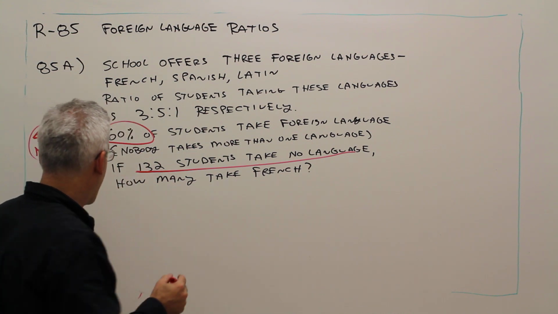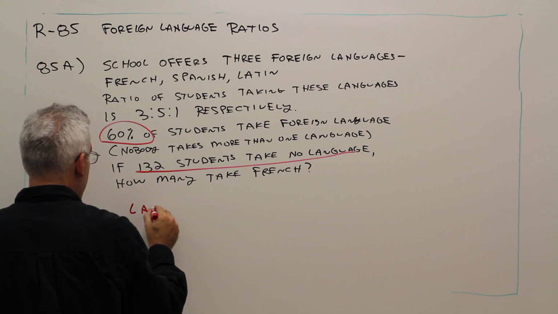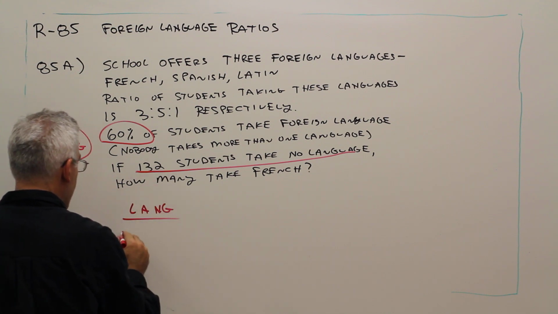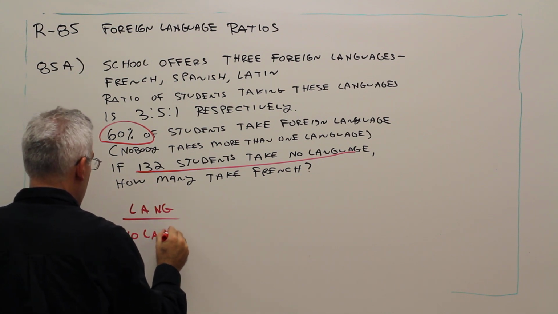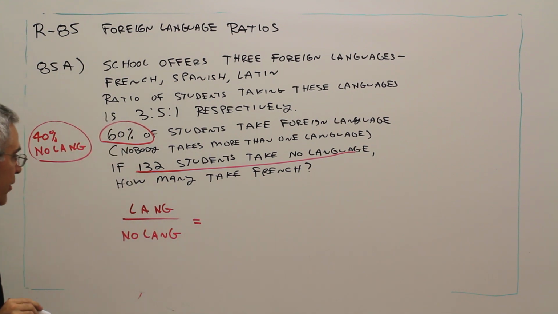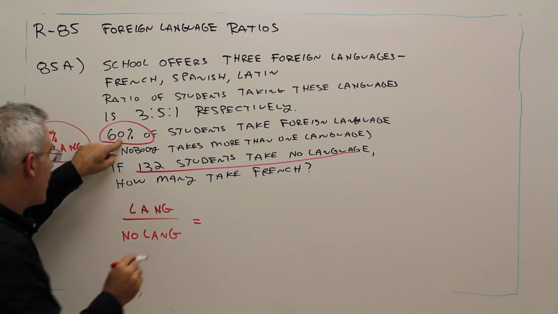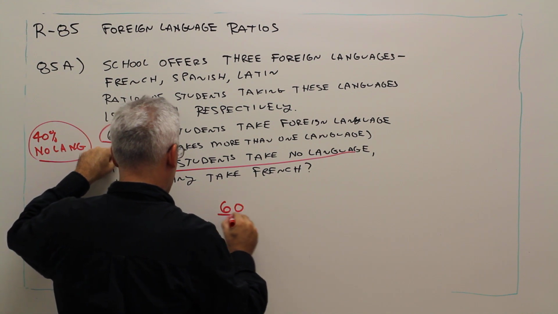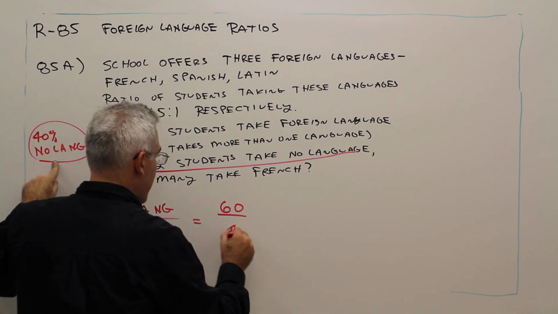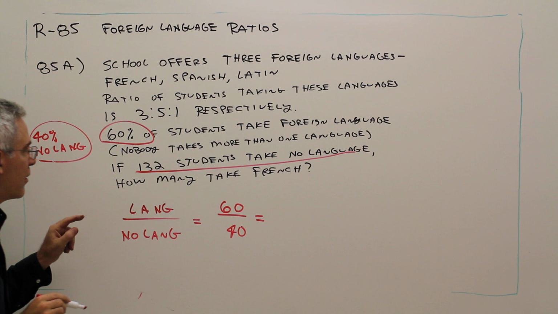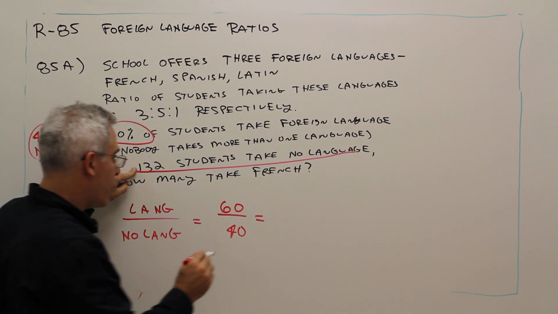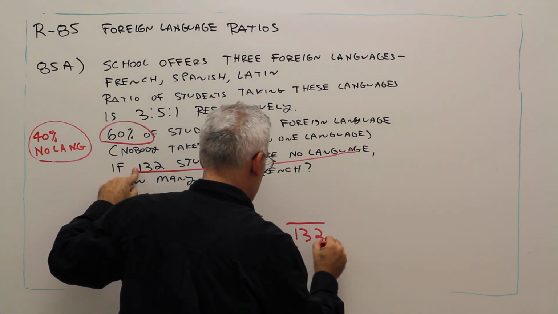Okay, so let's make a ratio. We'll go language over no language. 60% over 40%. 132 no language.